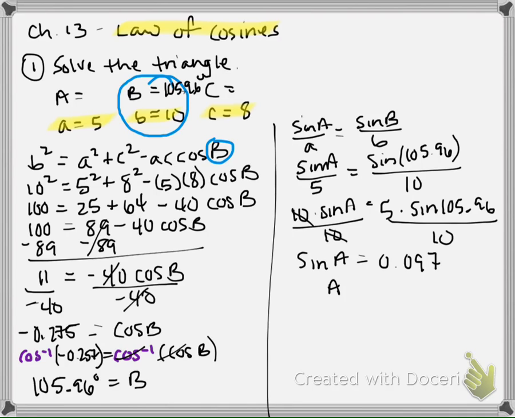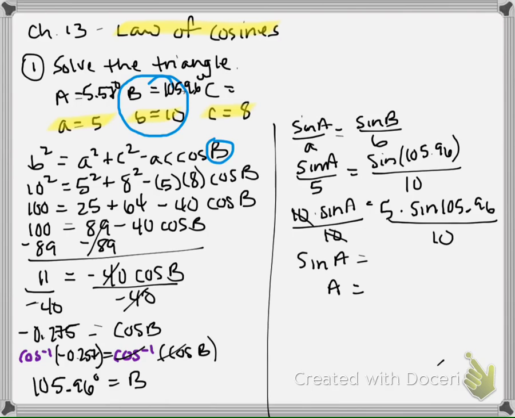I'm going to have to do the inverse sine of both sides, and I get A is 5.57 degrees. That's capital A, so that doesn't seem quite right to me. Let me check that. Okay. Looks like this number right here was a little off. Try that again.